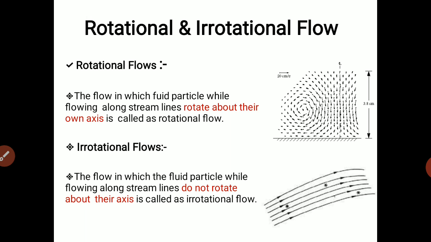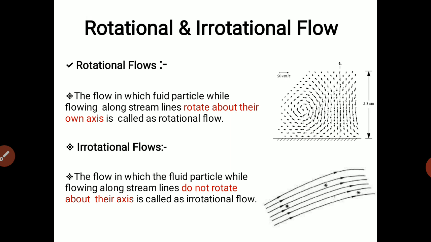So the flow in which fluid particles, while flowing along a streamline, do not rotate about their own axis is called irrotational flow. And in rotational flow, fluid particles, while flowing along streamlines, rotate about their own axis.